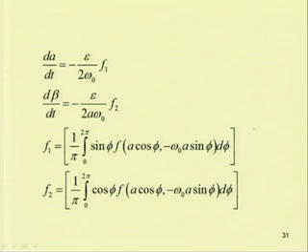By evaluating these functions, one can find dA by dt and d beta by dt, and for steady state one can substitute dA by dt equal to 0 and d beta by dt equal to 0, and obtain the frequency equation.